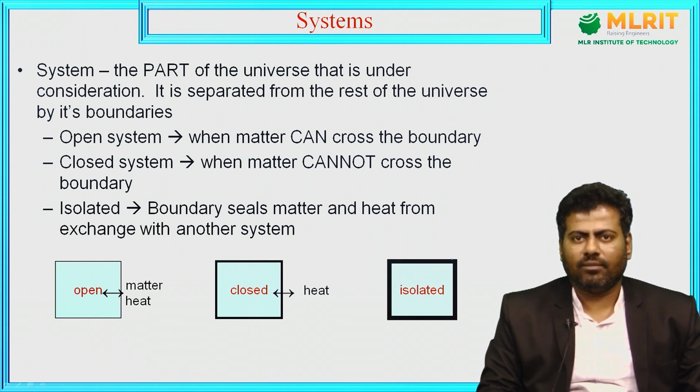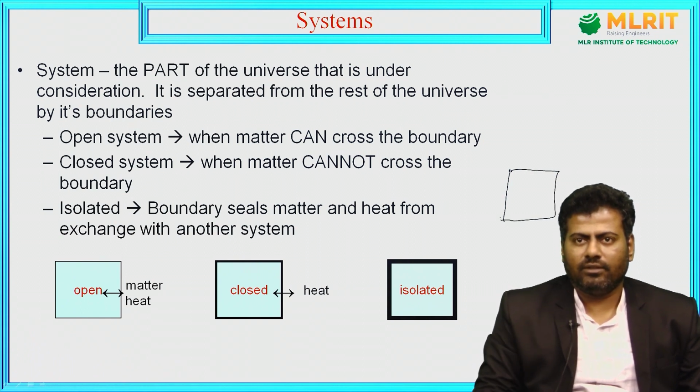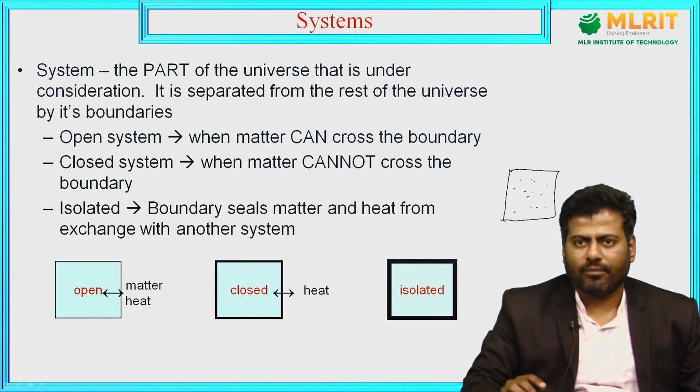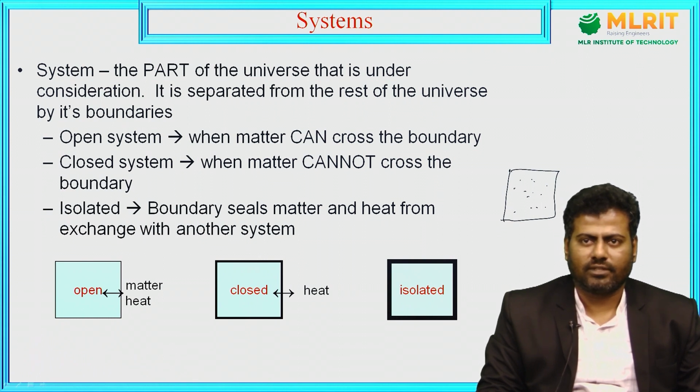For example, I have three kinds of systems here. I'll consider the closed system here. With respect to this system, inside I have a certain quantity of matter. It might be oxygen or air, or an air plus fuel mixture also we can take. This is what we call the system.